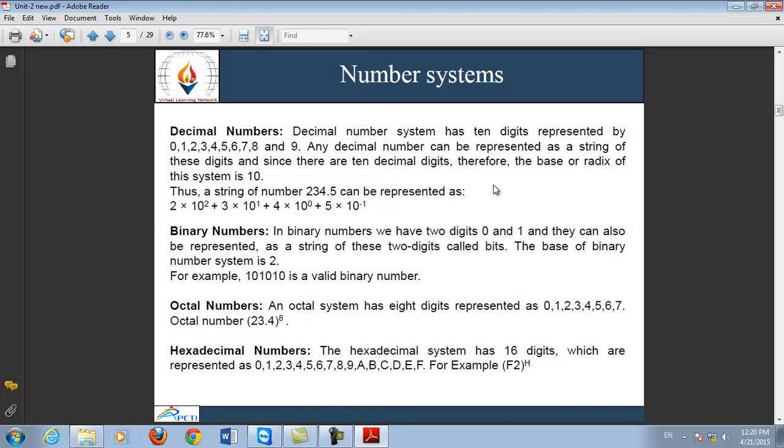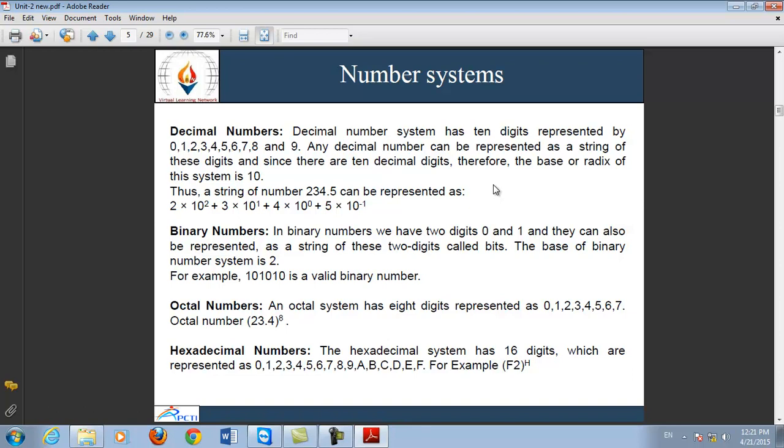Now the main question is, what is the difference between these 4 number systems? Each number system has some set of digits that can be used within it, and each has some base, or you can say radix, associated with it.